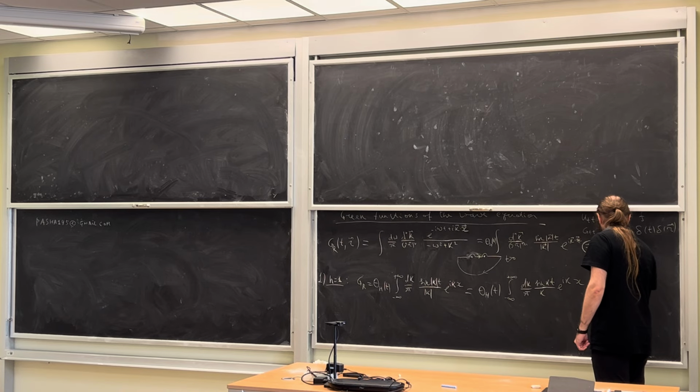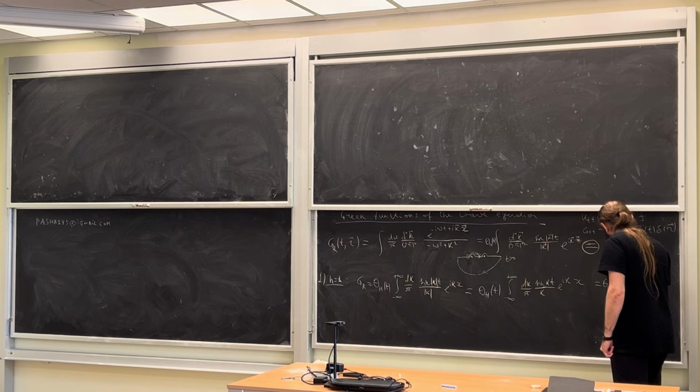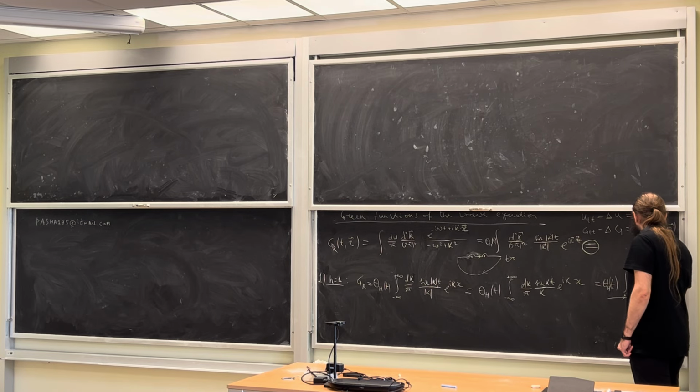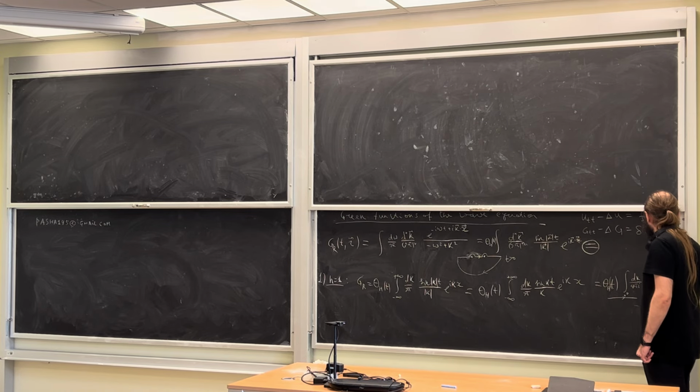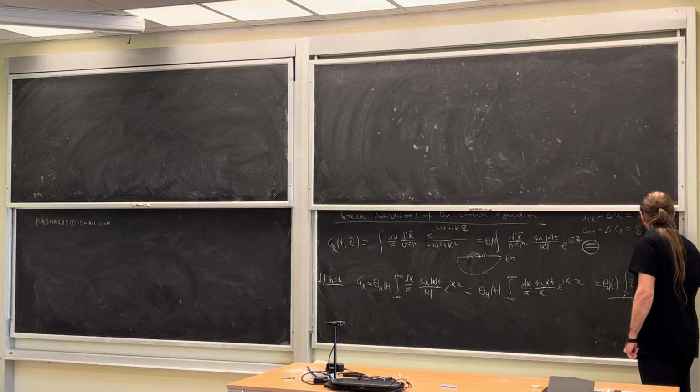So we can write it as this: theta of t, the contour is shifted slightly below, dk over 4 pi i, and here we have two exponentials, divided by k, e to the i k (x plus t) minus e to the i k (x minus t).